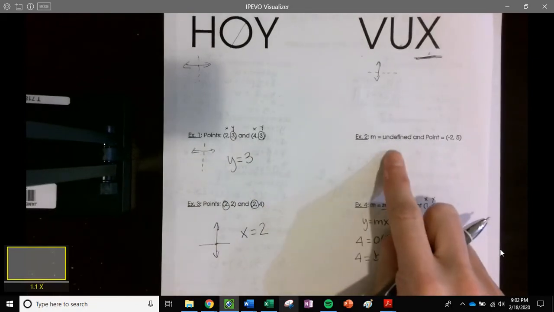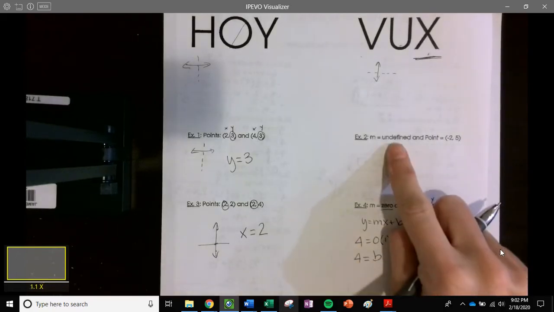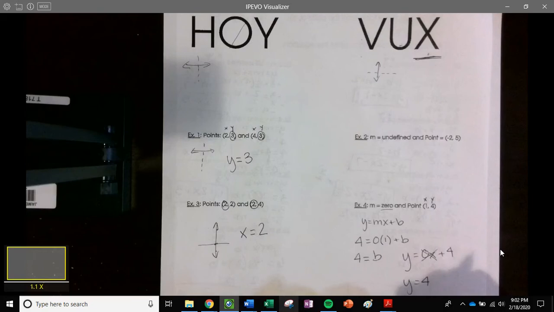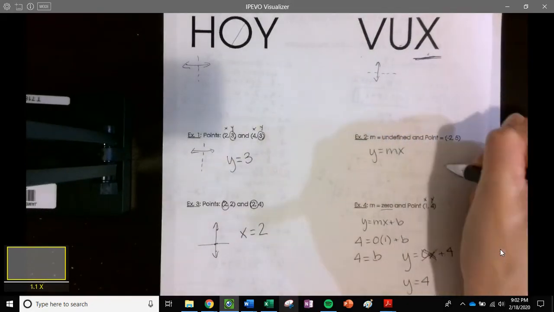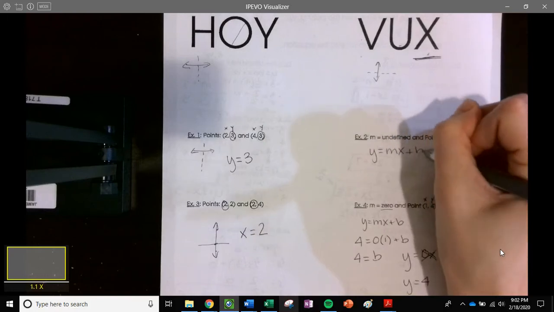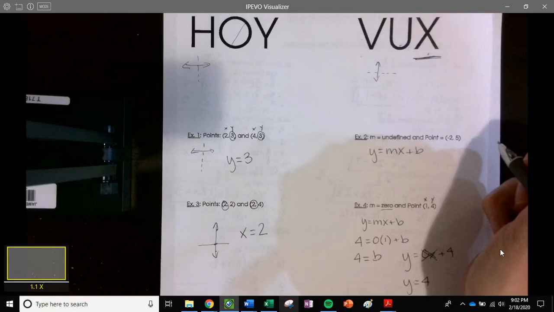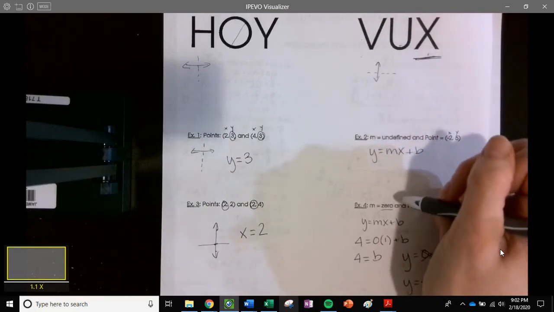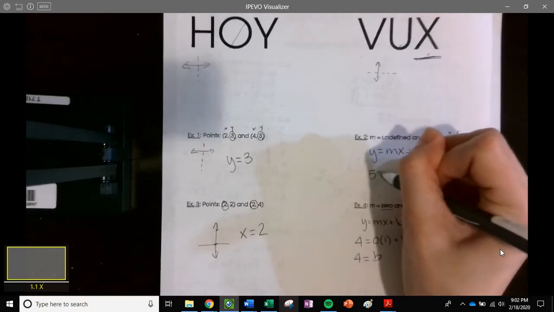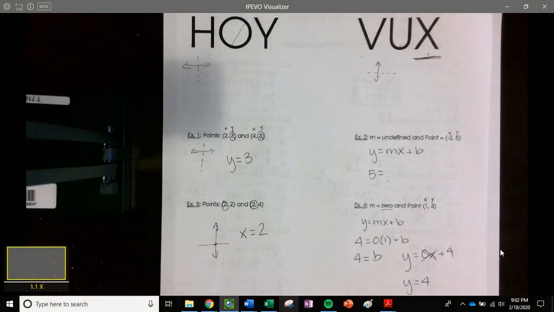And let's prove that by doing the actual math. My slope is undefined and my point is negative 2, 5. Well, if I've got y equals mx plus b, that means I've got 5 equals, how do I write an undefined slope? That's the problem here. I can't.